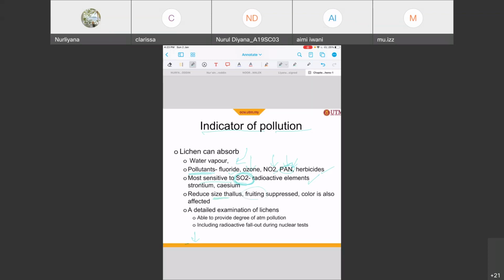Okay, the fruiting is suppressed. So this is an indication that they are actually absorbing the pollutants. So we can compare them, the ones in normal size, and the area that contains high pollutants. So the growth is not as good as in the environment that has low contents of pollutants. Okay.